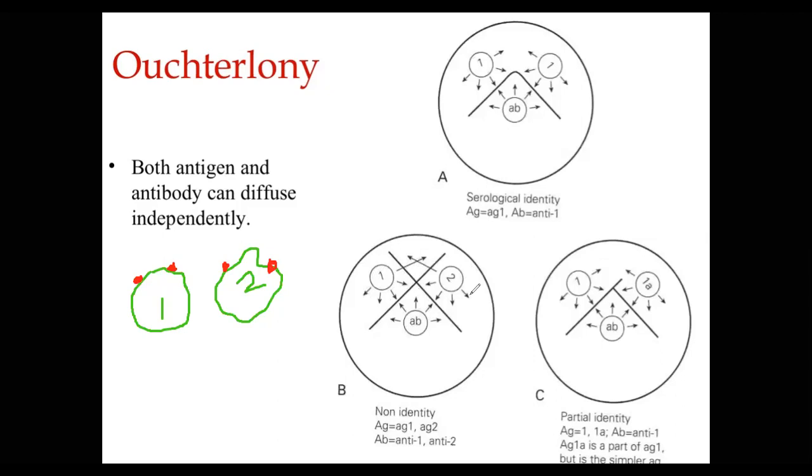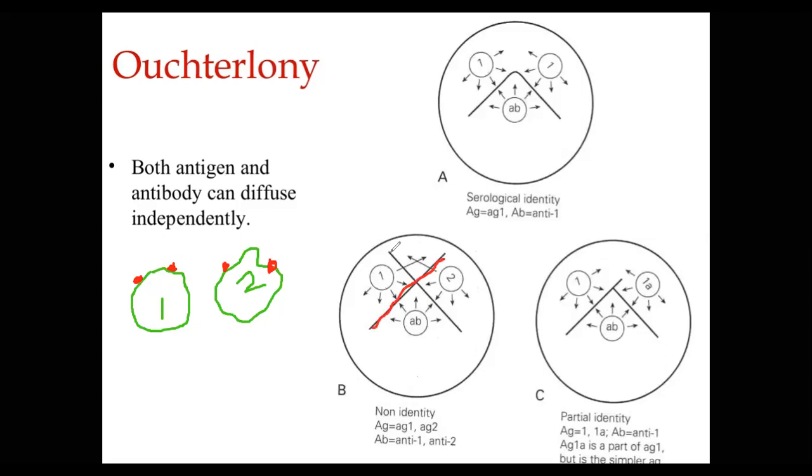They will diffuse in the agar surface, and due to this diffusion, the antibody tries to cross-link with these antigens, but they are not identical. These two antigens are not identical. So we get this precipitation line.